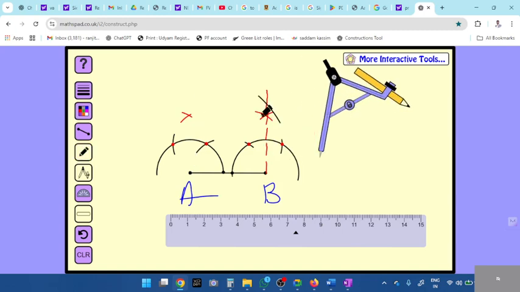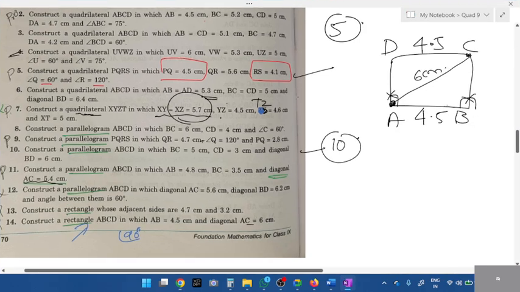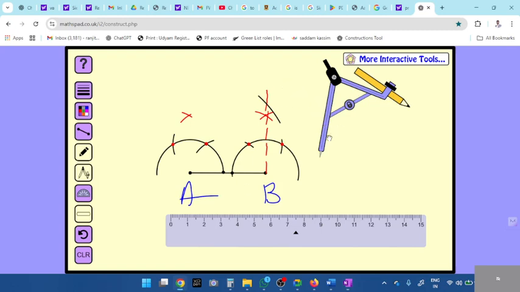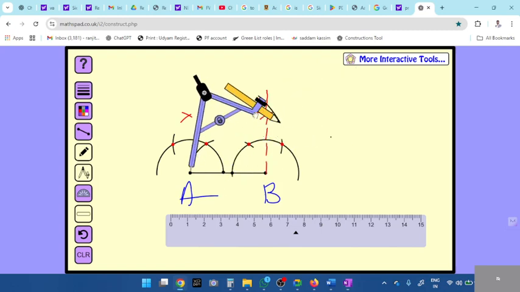On the red line, I have cut an arc, right? Now look here, students. If AB is 4.5, what is DC? DC is also 4.5. From C, wherever this line is given, take 4.5. First cut an arc like this. Once you're done, let me know.